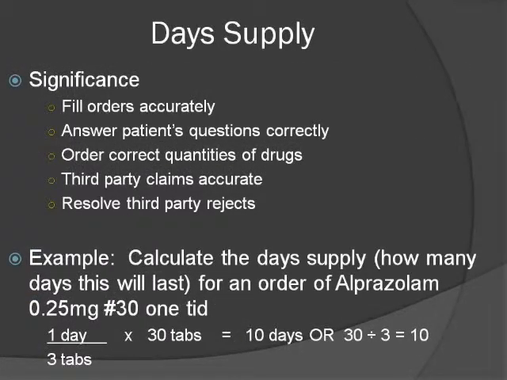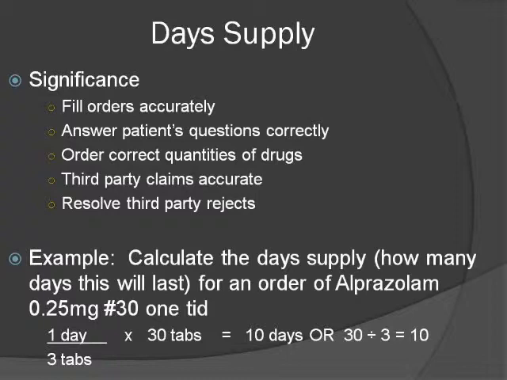We have to ensure that we are indeed giving them a certain day's supply, because it directly corresponds with third-party claims or any resolutions of third-party issues. We want to ensure that we're ordering the correct quantity and making sure that we have the right quantity for a medication at the right timing. So it really is tied to a number of different things that you will see on a regular basis.